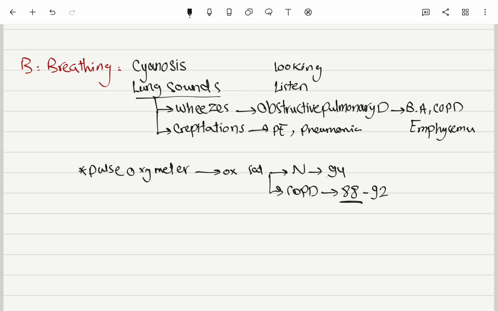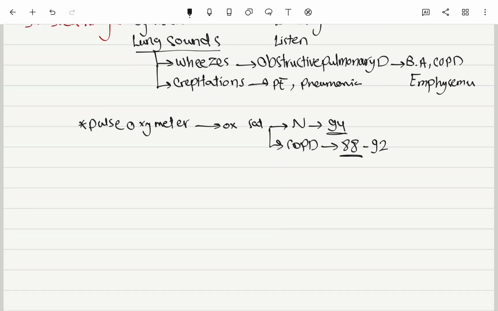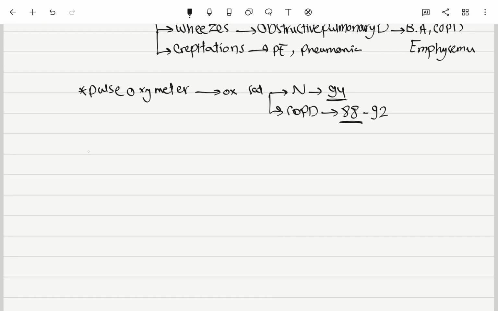If it is less than that, I will use oxygen by non-rebreather mask, 15 liter.